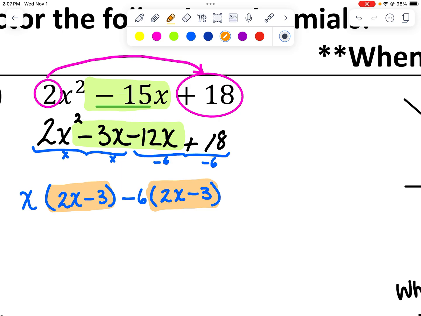So in other words, that's now the greatest common factor. What we have in common now is a parenthesis of 2x minus 3. And then in the next parenthesis, what we have left is x minus 6. In other words, when I pull out the one parenthesis, what remains is x minus 6.